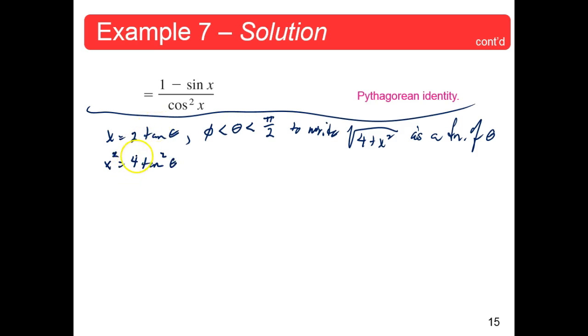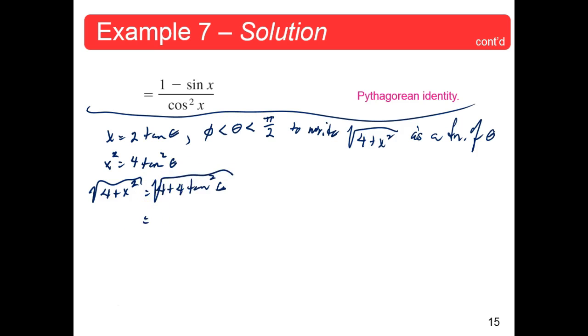Well, let's then take it another step and do 4 plus x squared. That would be, just add 4 to both sides, right? 4 plus 4 tangent squared theta. Now let's take the square root of that. Now, what do you notice you can do to that expression under the right-hand square root?